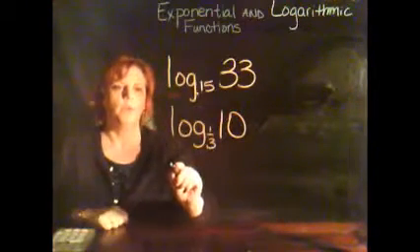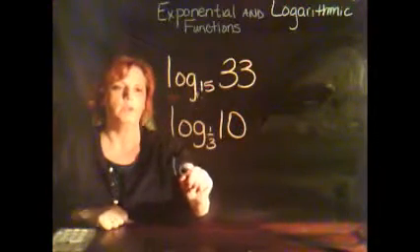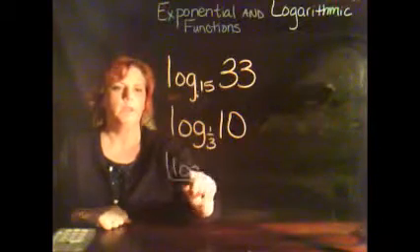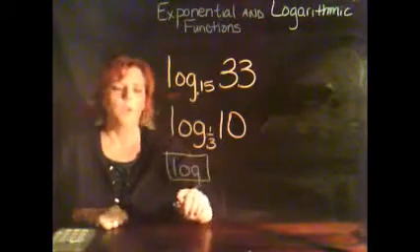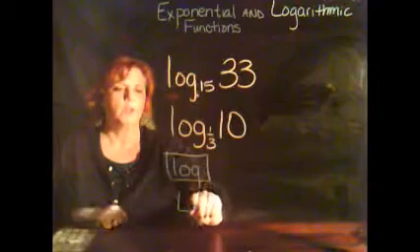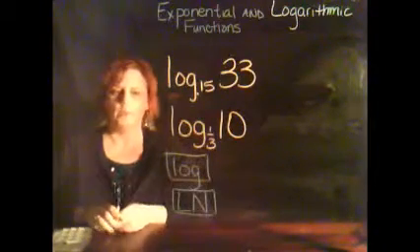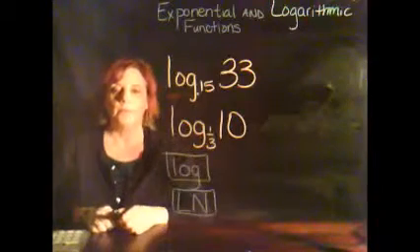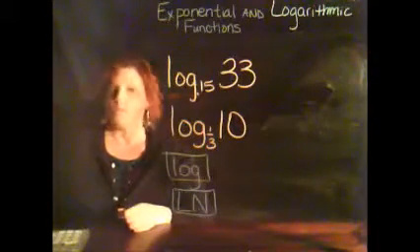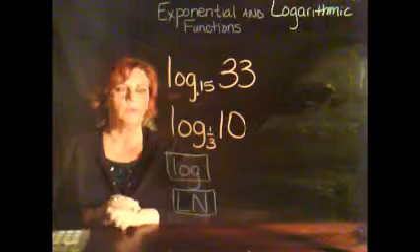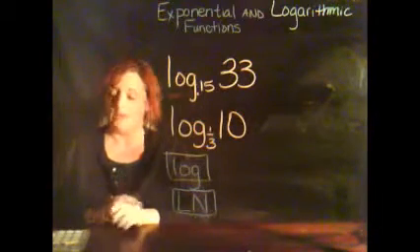Use one with common log, where you use the log button, and then try one with the natural log, where each of the numerator and the denominator will be set to a natural log. So take a moment and see if you get an answer, and I will put the answers up on the screen and see if you're right.